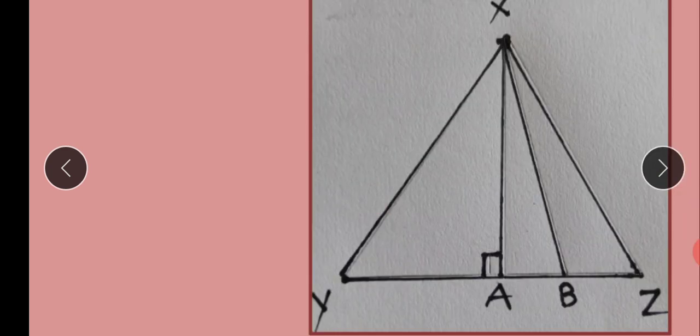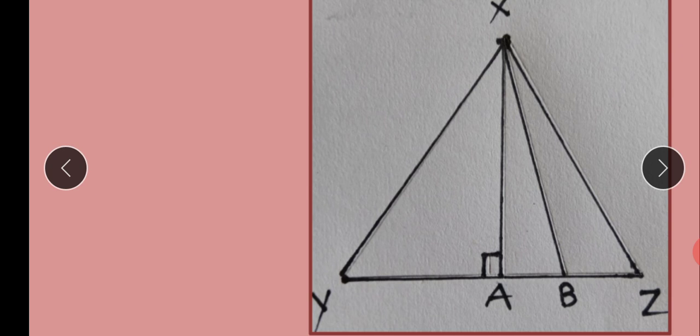In equilateral triangle XYZ, XA is the altitude drawn, that is perpendicular, and if we look at the two right angles which are formed here, XAY and XAZ, there is a right angle in each triangle.